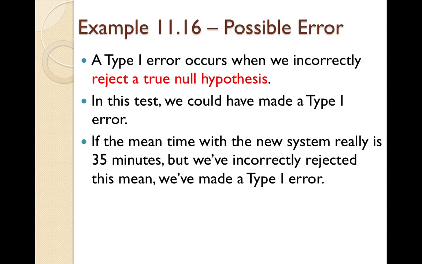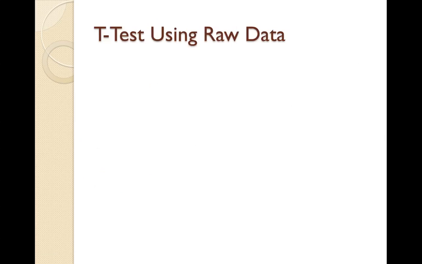So when you make a type 1 error, you falsely reject a true null hypothesis, which means that the population mean really was 35 minutes using that new system, but you've incorrectly rejected it. Okay, so when you reject the null hypothesis, a possible error is a type 1 error. When you fail to reject a null hypothesis, a possible error is a type 2 error. So let's take a look at an example where that may happen.